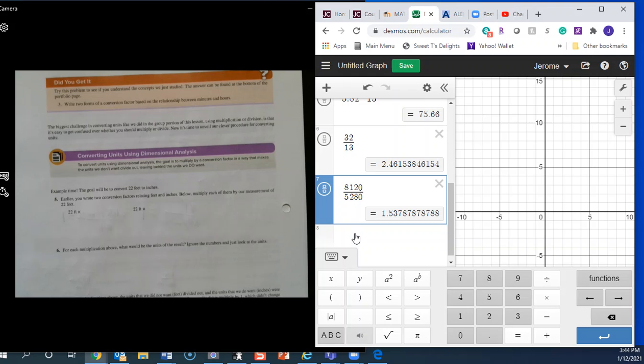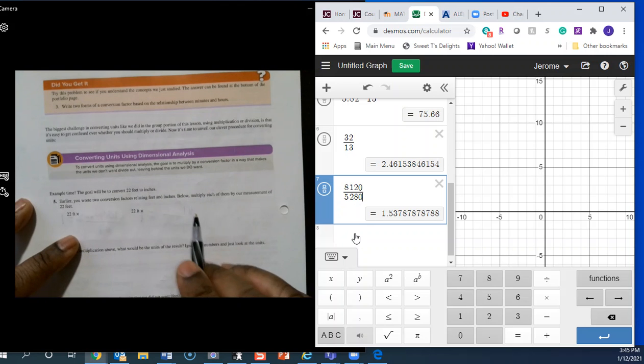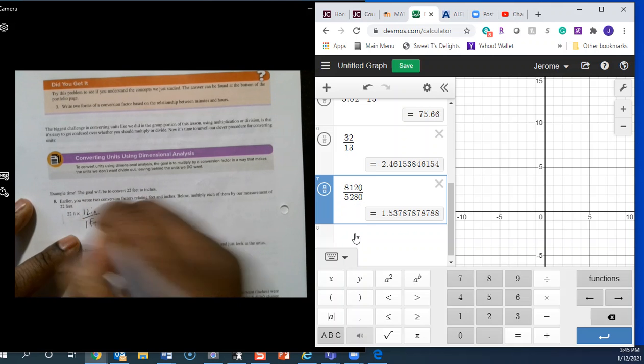Okay, example time. The goal would be to convert 22 feet to inches. Earlier you wrote two conversion factors relating feet and inches. Below, multiply each of them by our measurement of 22 feet. So one conversion factor was 12 inches over 1 foot.